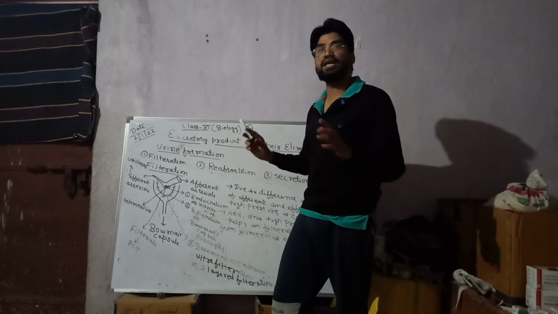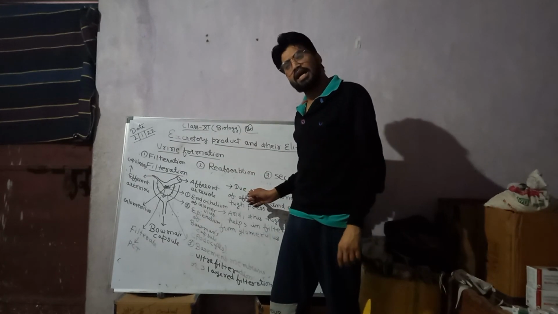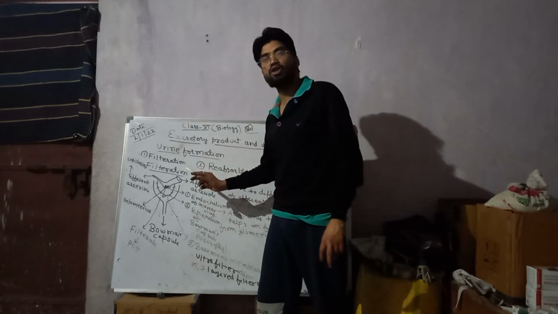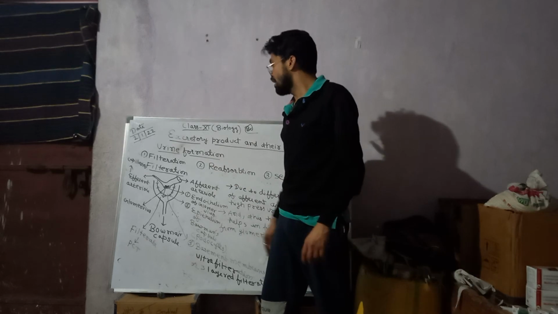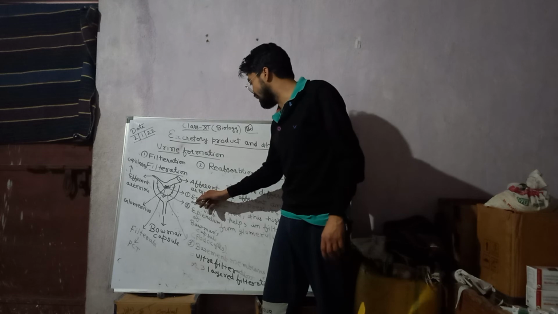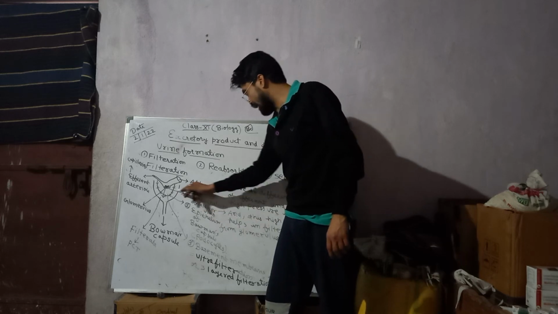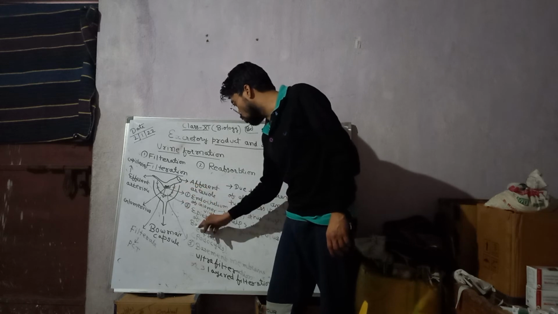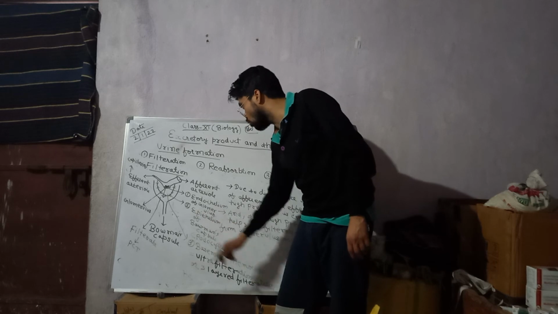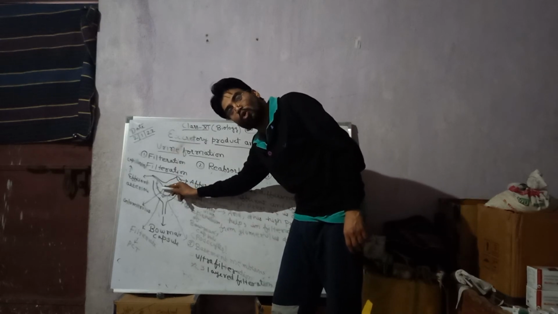After that, this filtration is also known as glomerular filtration because it occurs in the glomerulus. And my dear student, this filtration is also known as ultrafiltration because it is completed in three layers. The first layer is the endothelium of glomerulus. Second layer is the epithelium of Bowman's capsule, also known as podocytes.